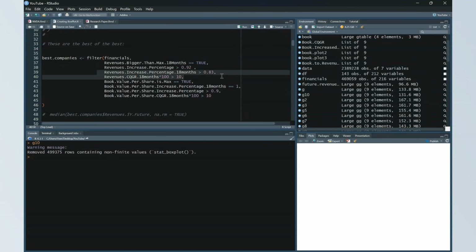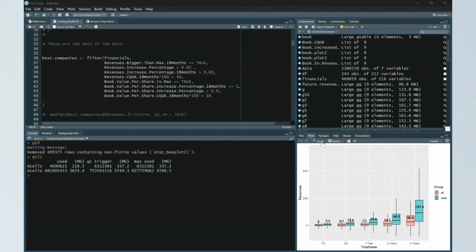Copying Apple, last 1.5 years 83%. Quarterly growth rate more than 10. Book value all-time high. We want to make sure that over 1.5 years every quarter we saw an increase in book value, all-time rate more than 90%, and quarterly growth rate of book value more than 10%, which is a lot, but there are tons of companies like that.